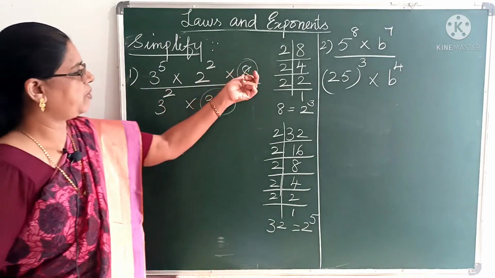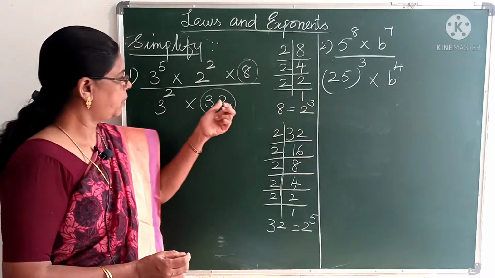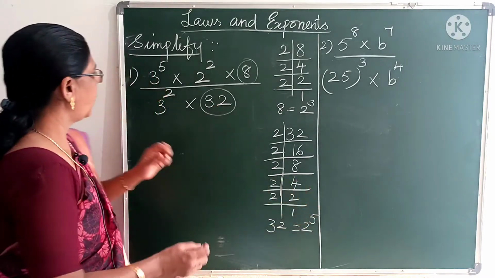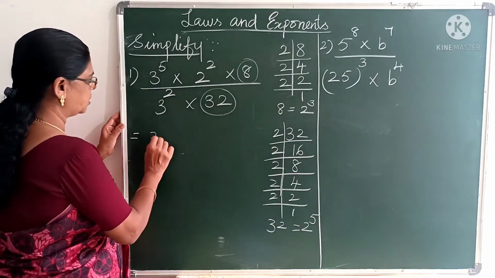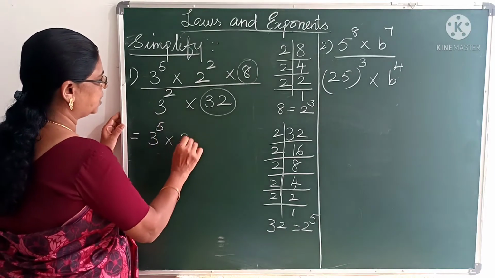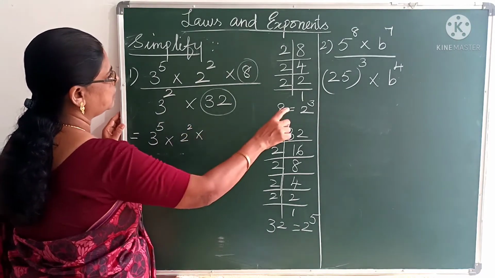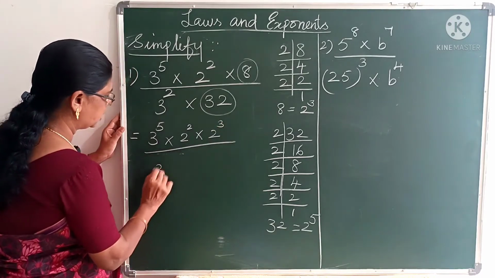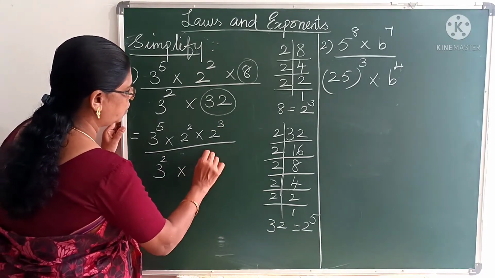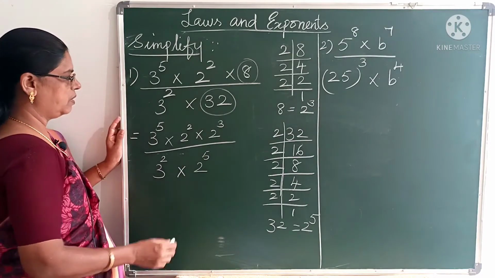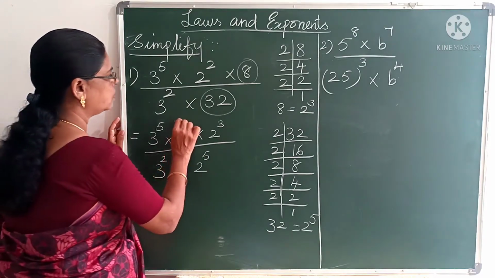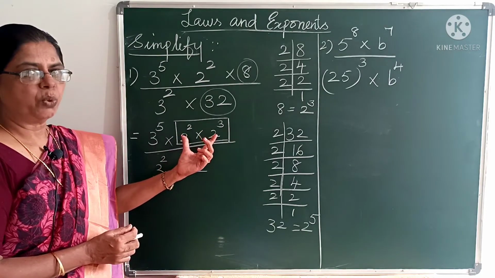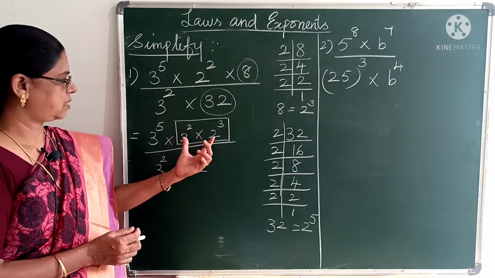So in the place of 8 we are going to write 2 cube and in 32's place we will write 2 power 5. Let us rewrite this one. 3 power 5 into 2 square into 2 cube upon 3 square into 2 power 5. So children, if you see this one, these are the two exponents with the same base.